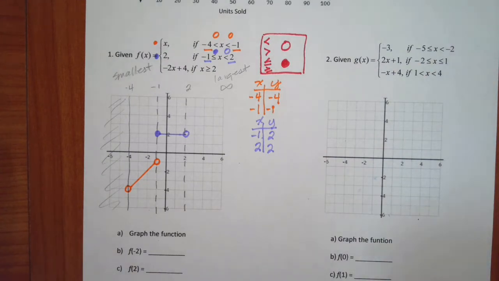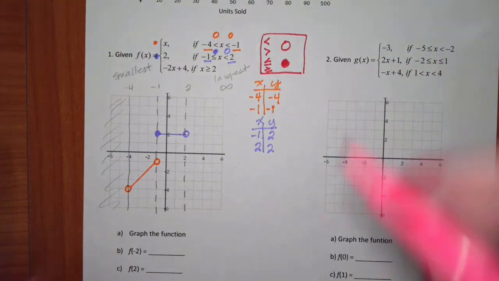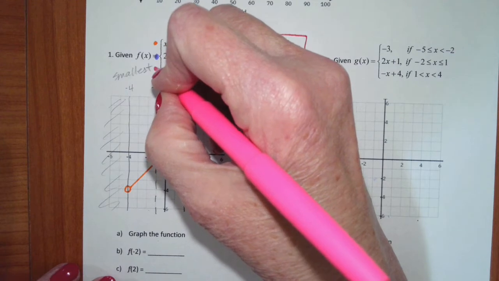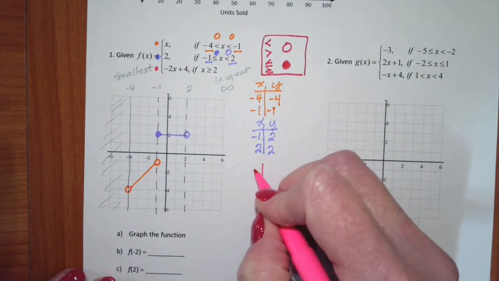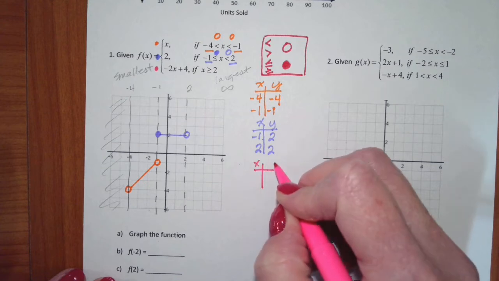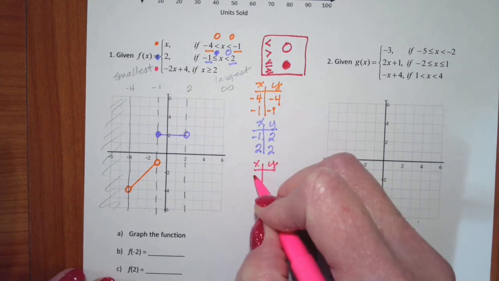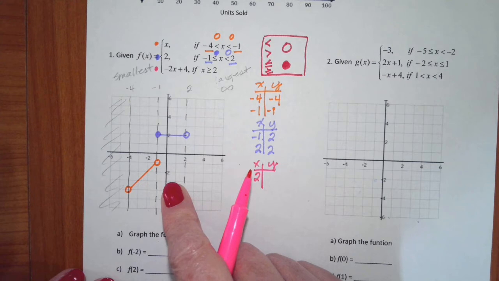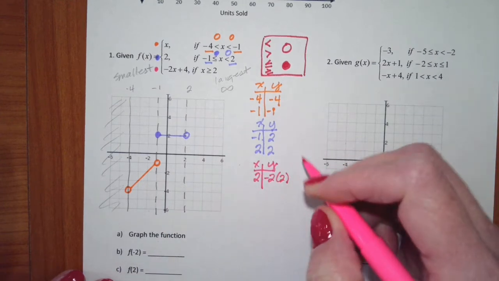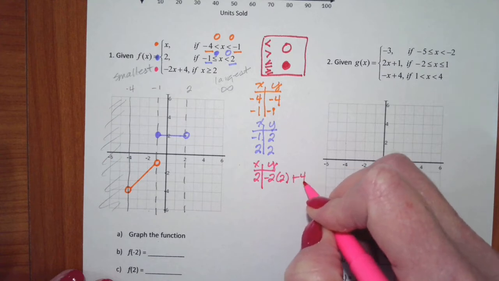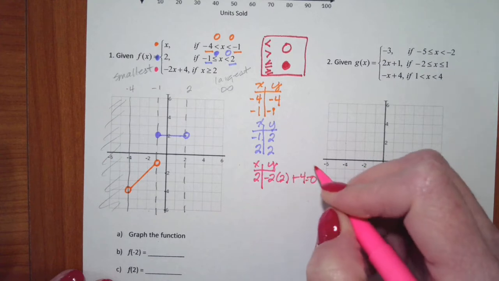So now my next function is -2x plus 4. Now when I do this, I'm going to start where x is 2. So that is -2 times 2 plus 4, which is 0.